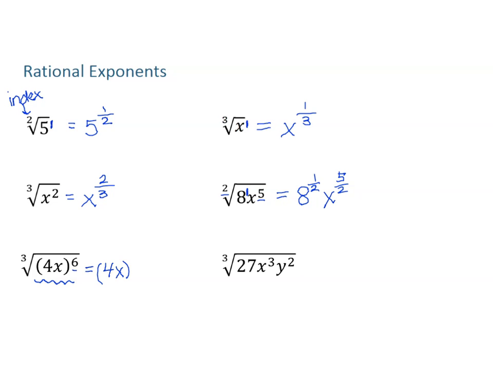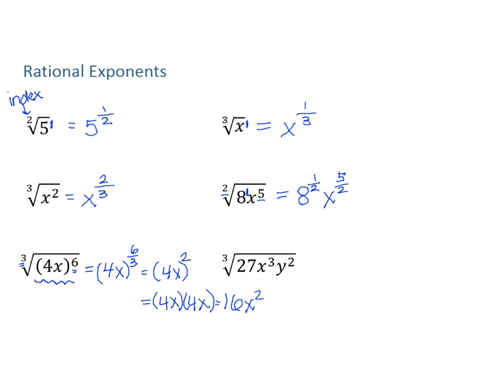Then this number, again, is going to become my top, and this will be my bottom. So I'll have 6 over 3, and that simplifies, right? 6 divided by 3 is 2, and I can even keep going. That means 4x times 4x. So I have to square the 4 and square the x to get 16x squared.